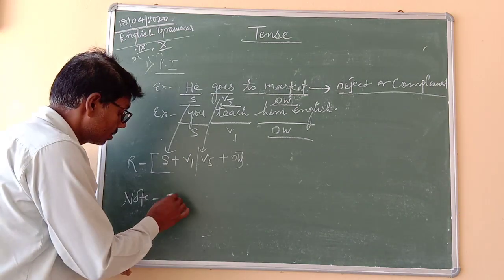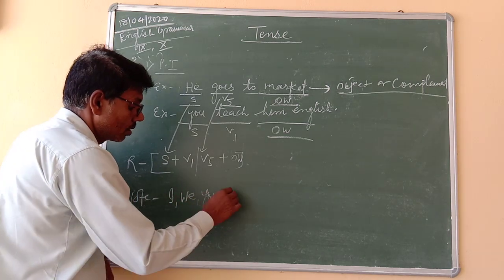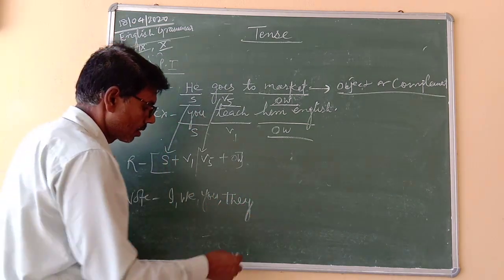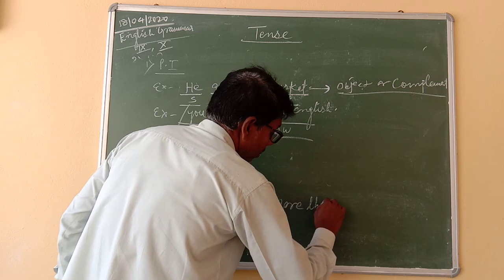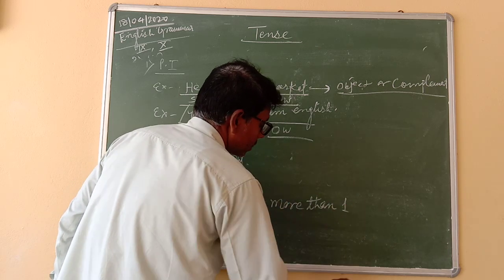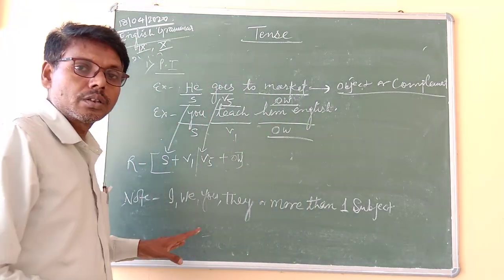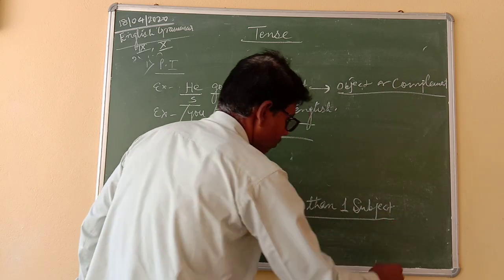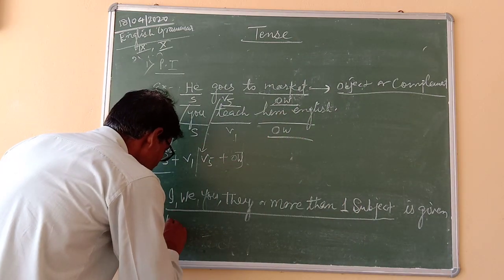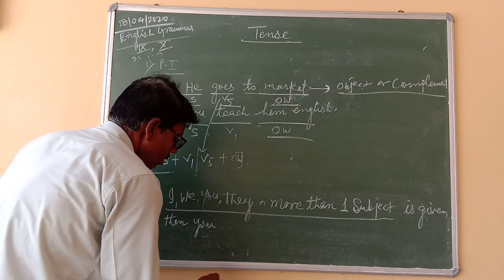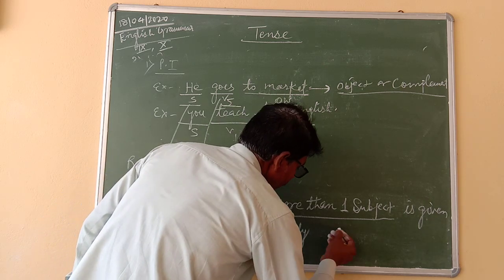When in the sentence the subject I, we, you, they, or more than one subject is given, then you have to apply first form.